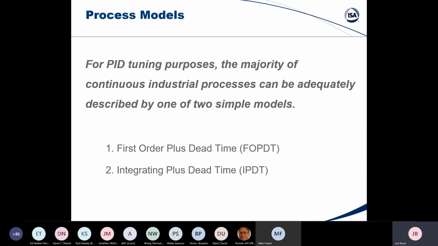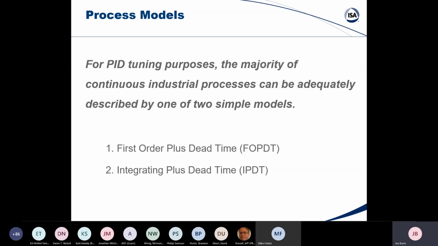So at the beginning, I mentioned that model-based tuning was especially practical in process industries, and here's why. For PID tuning purposes, the majority of continuous industrial processes can be adequately described by one of two simple models.